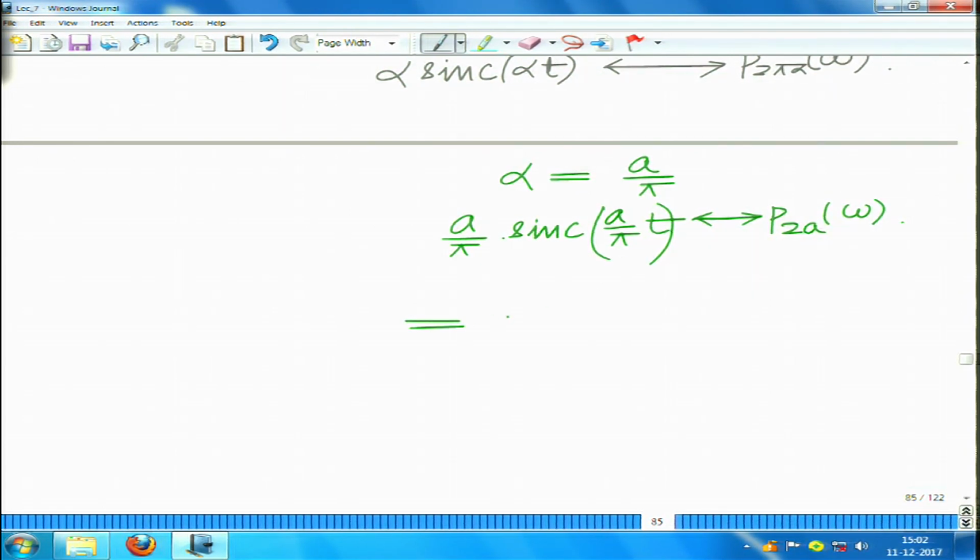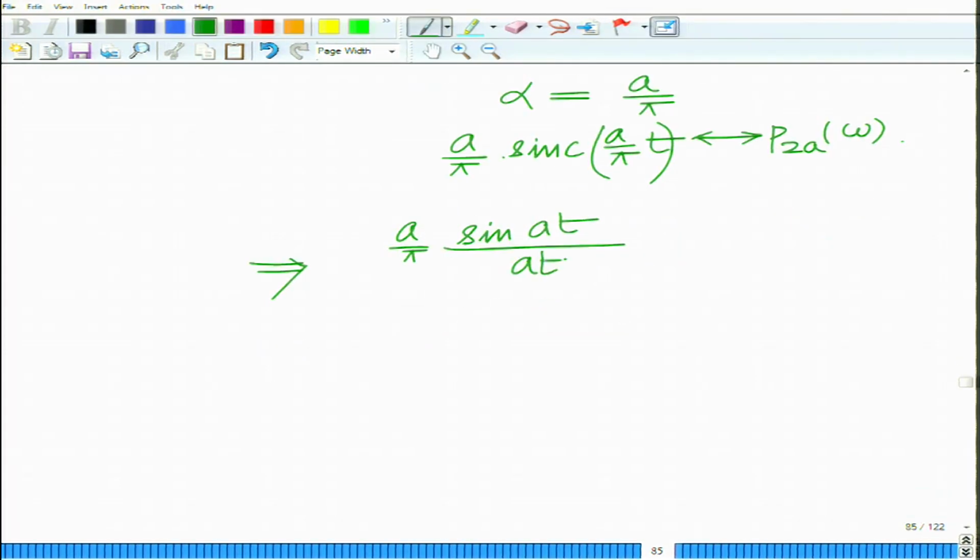So, this implies that a over pi times sine of pi a over pi t, that is sine a t, divided by pi a over pi t, that is a t, has the Fourier transform p of 2a of omega.